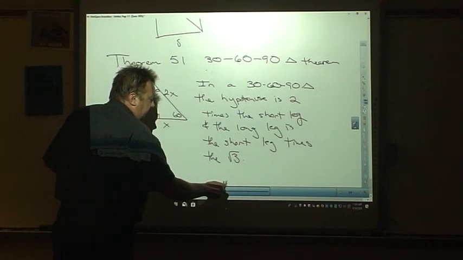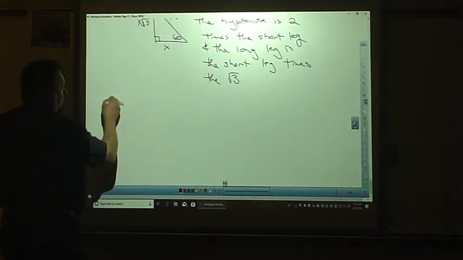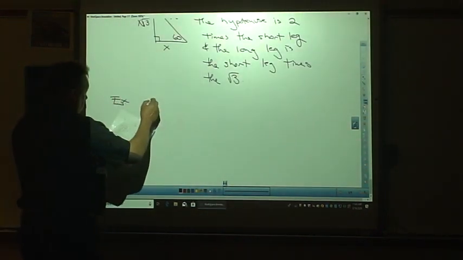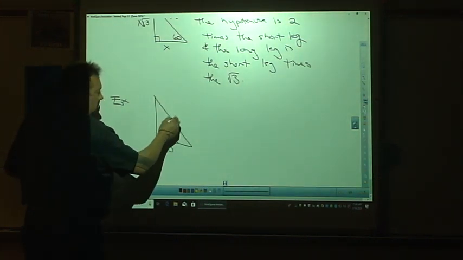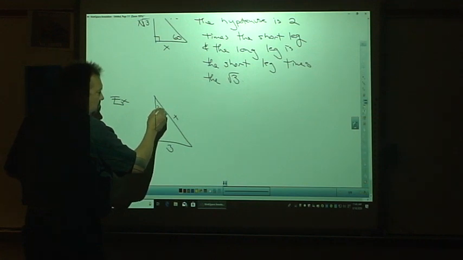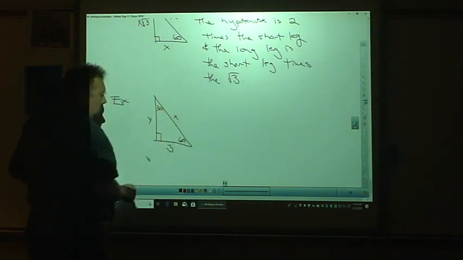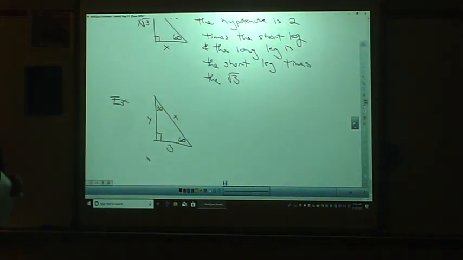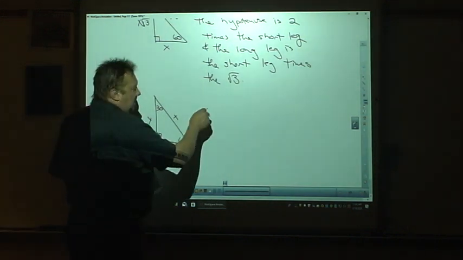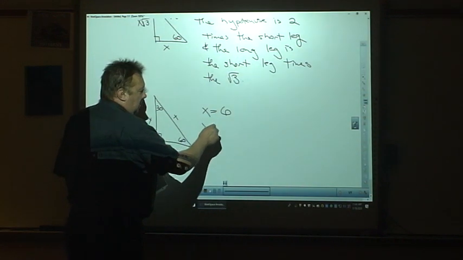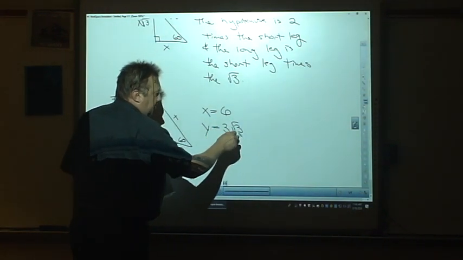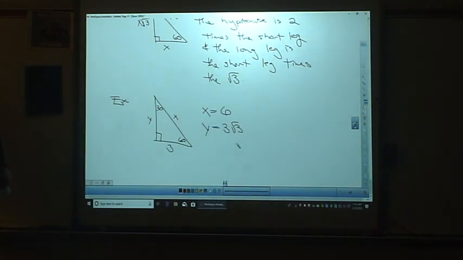Let's do some examples. Short leg is 3. Hypotenuse is twice that. Long leg is short leg times the square root of 3. That's it.